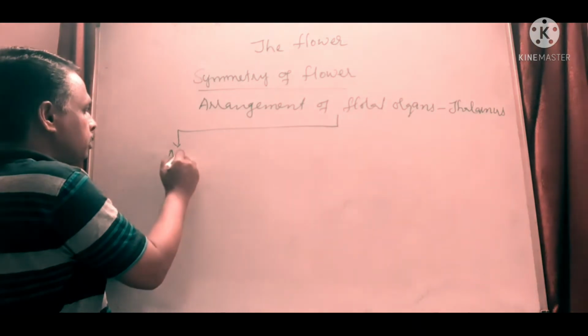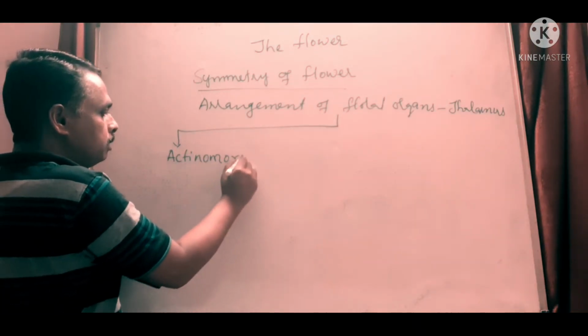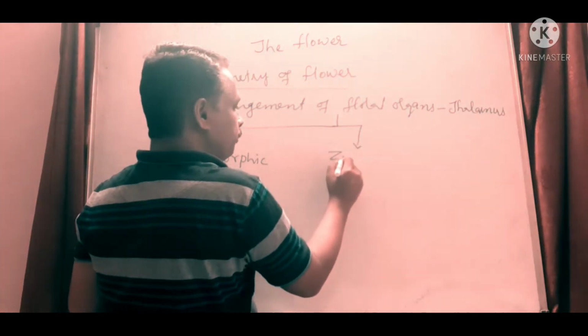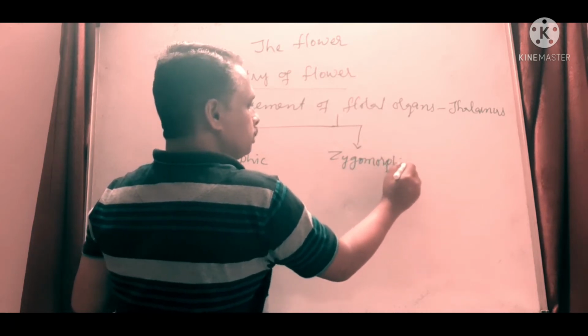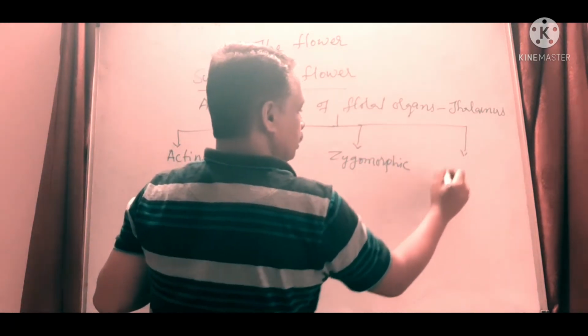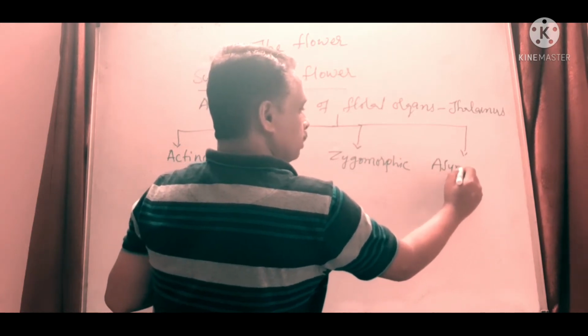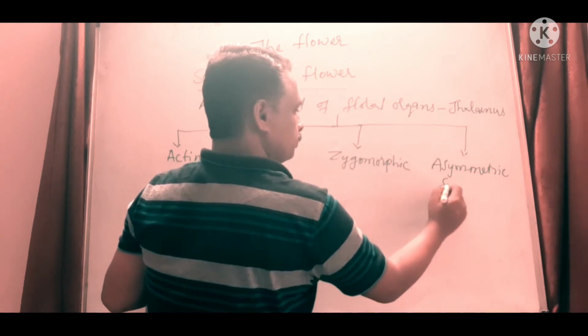One is actinomorphic symmetry. The other one is zygomorphic symmetry. The other one is asymmetric symmetry.